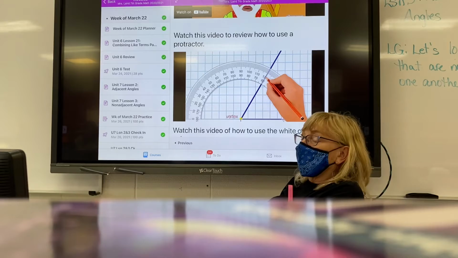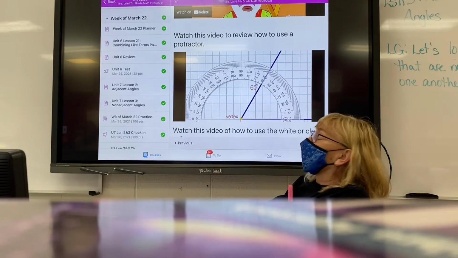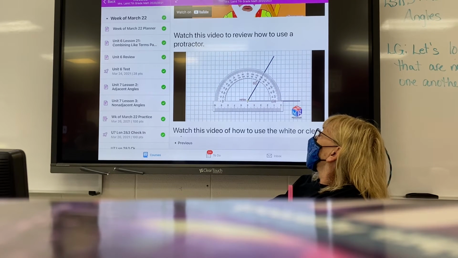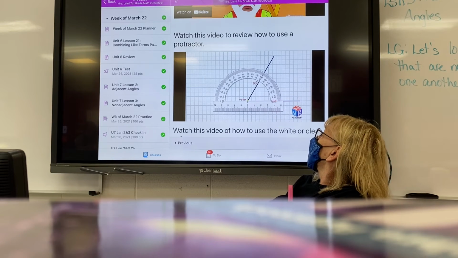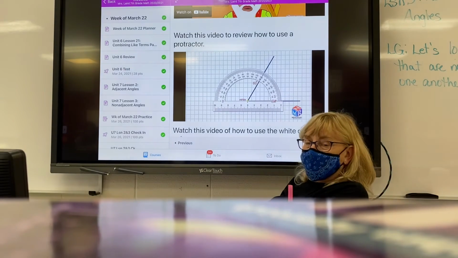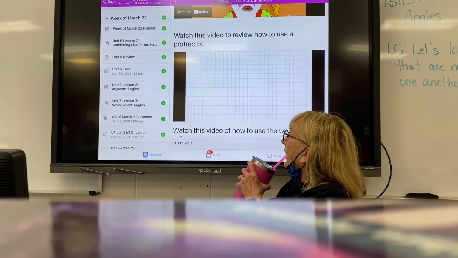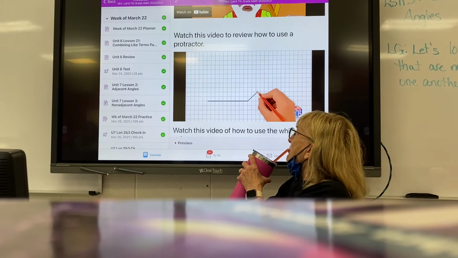This is the measurement of your angle. This angle has a measurement of 60 degrees. Keep in mind, make sure you always count up starting from 0. If you started from 180 degrees, you would get the wrong answer of 120 degrees. Let's try another example.